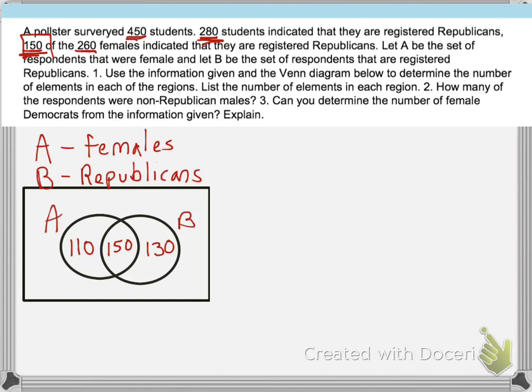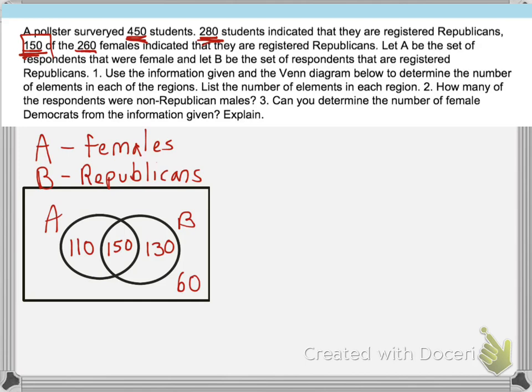So now we've filled out 3 of the 4 regions in our Venn diagram. We have to figure out what goes outside. Those would be people that are not females, nor are they Republicans. We know that there's 450 total people that have been surveyed, and we have already accounted for a good bit of that 450. So we just have to subtract each of those from 450 to see what we end up with. Hopefully you come up with 60.